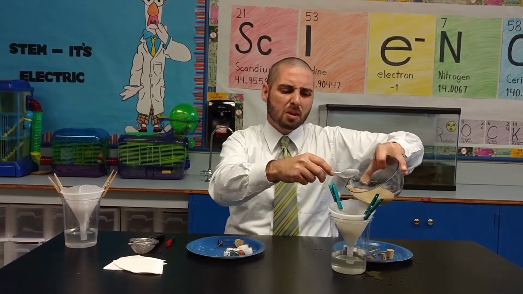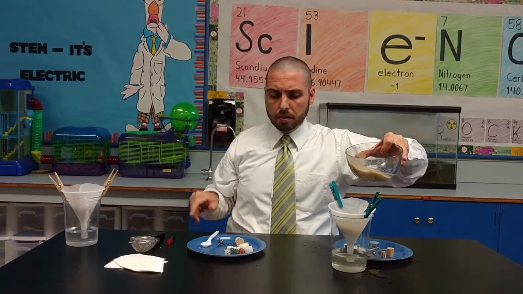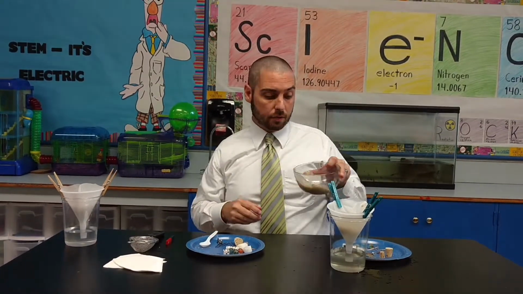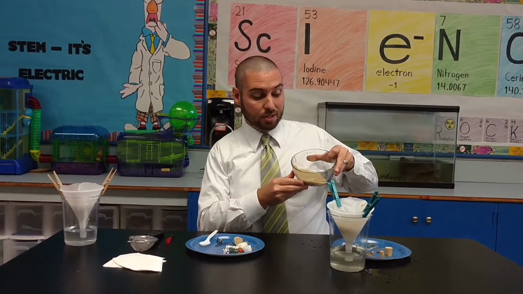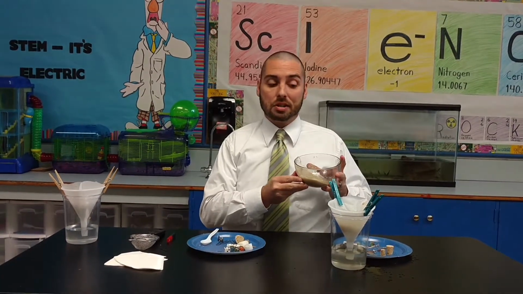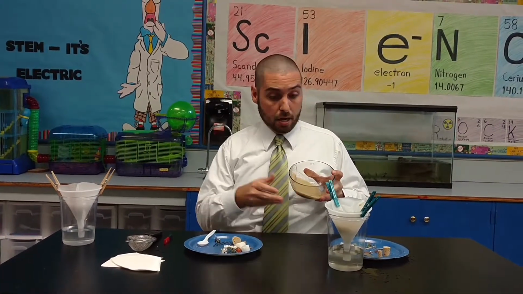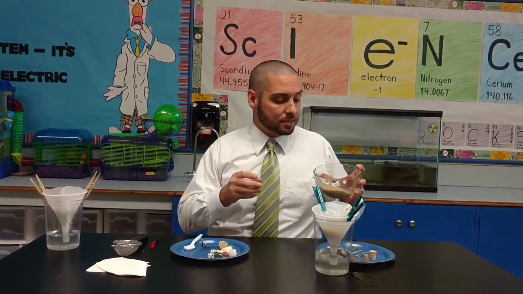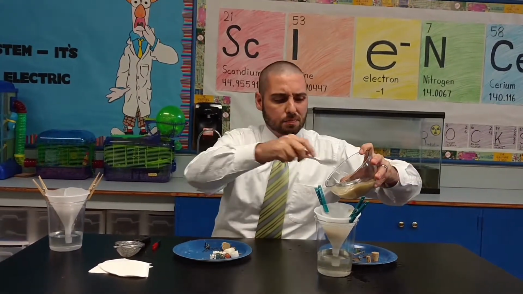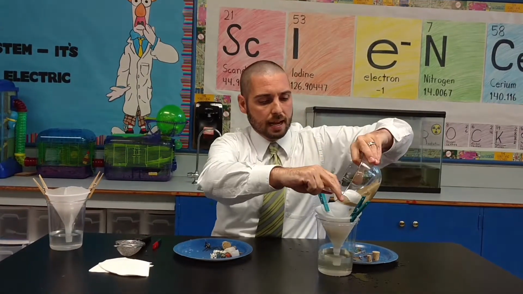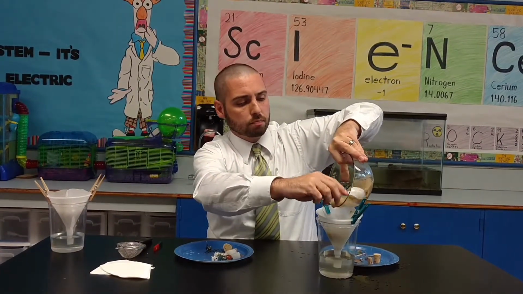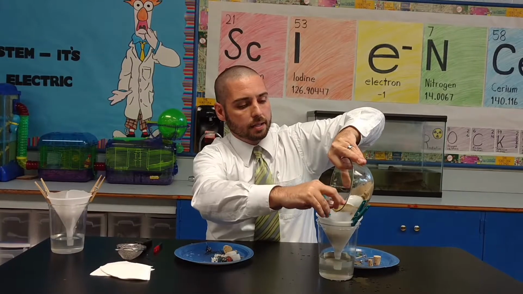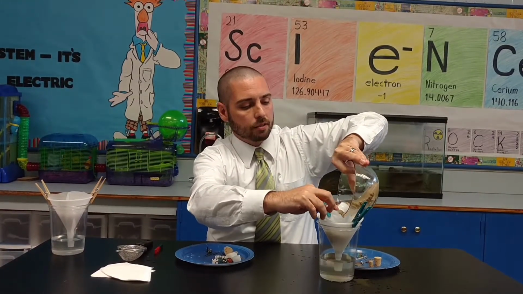Now, most of that water was drained first. However, the sand that's up in this bowl is still moist. And so what that tells us is that there's still tiny particles of water intermingling, mixing with the sand. So I can take my spoon, pull that back into play, and I can use it as a shovel to scoop the sand into my filter paper.